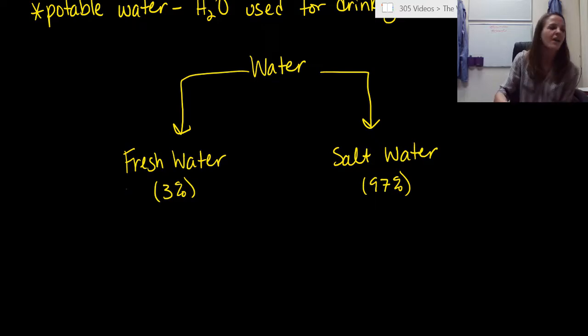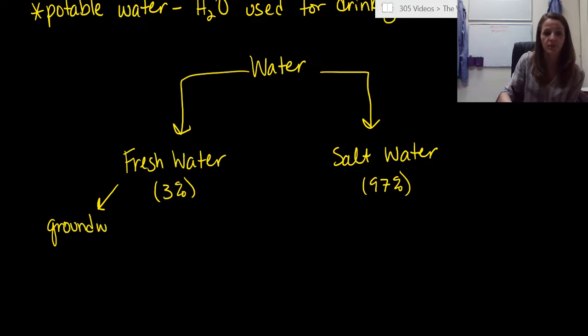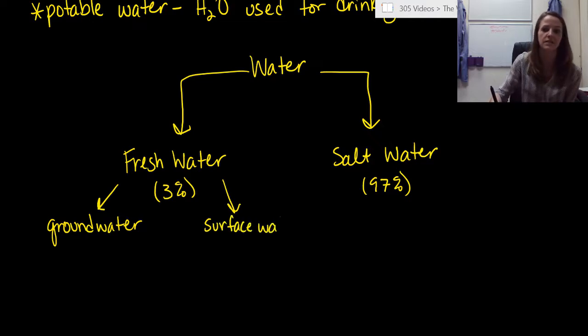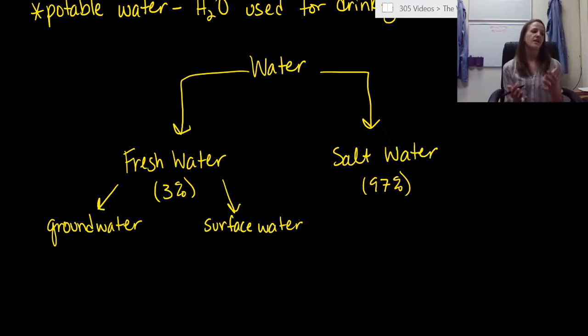Now, fresh water. If we break that apart, we can do it in two different sections. We either have groundwater or surface water. Surface water is almost the easiest to explain: it's just the water that exists on the surface. It's very, very easy for us to access. Whereas groundwater exists in aquifers, which are deep, deep down underground.